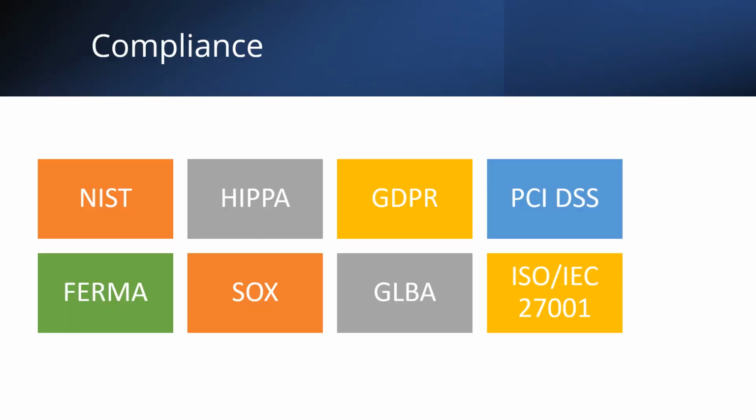So on this slide, I'll be talking about compliance. To ensure compliance within an organization, we have to look at certain compliance standards and regulations like NIST, ISO 27000, the PCI DSS, the HIPAA, the SOX, the GLBA, and so on and so forth.